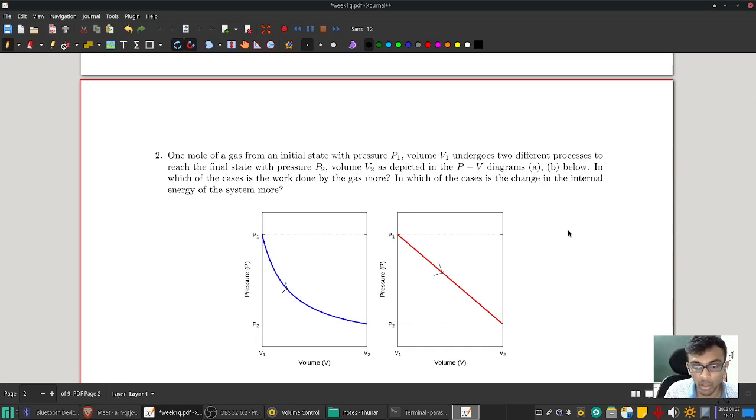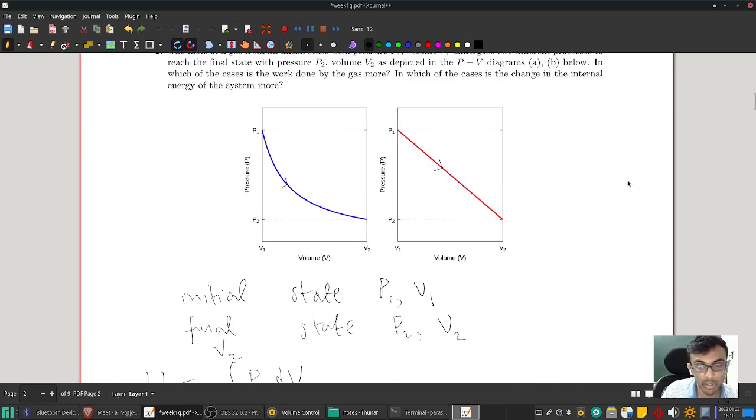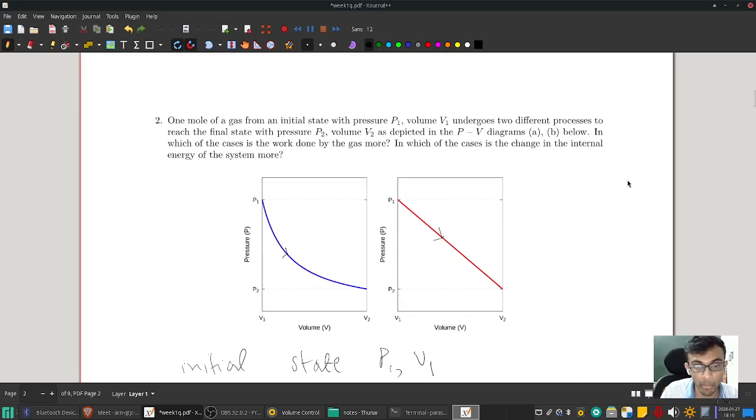Now coming to the second part of the question, which is about comparing the change in internal energy.